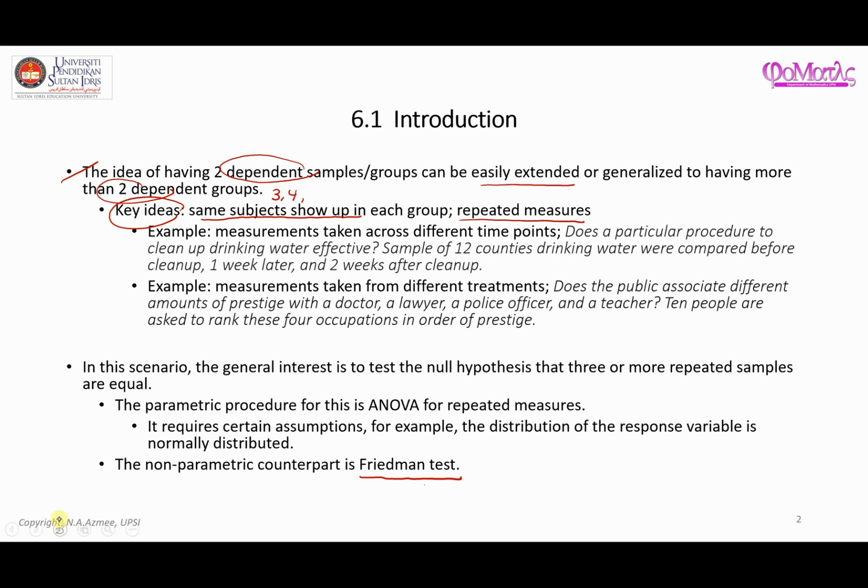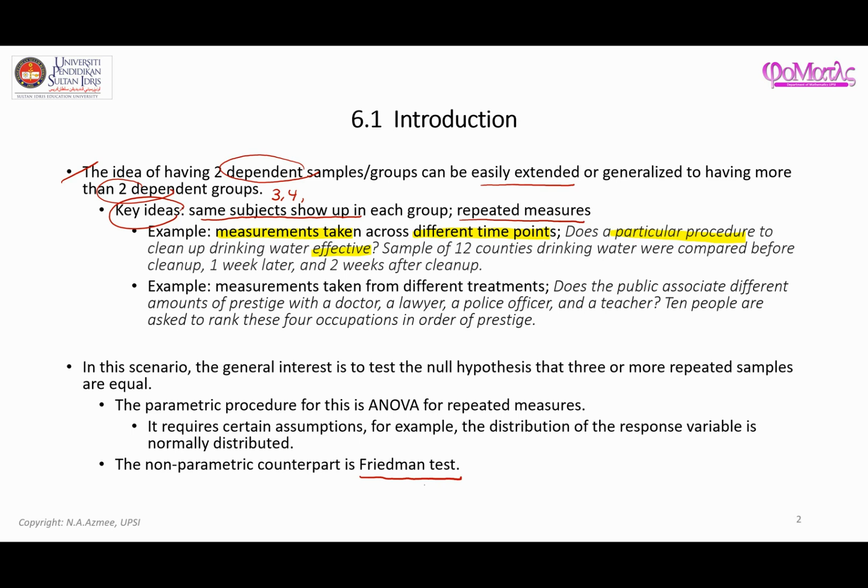For example, here we have two types of possible repeated measures. First, the measurements are taken across different time points. For example, is a particular procedure, one specific treatment to clean up drinking water, effective? The question is asking whether a treatment given to drinking water is effective.